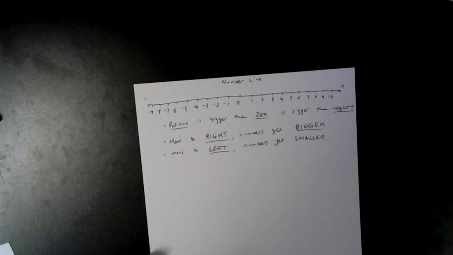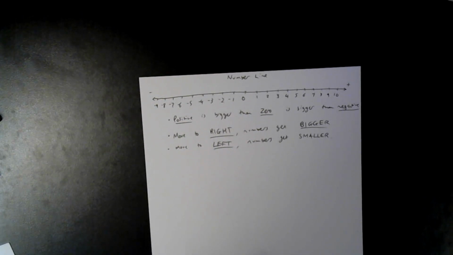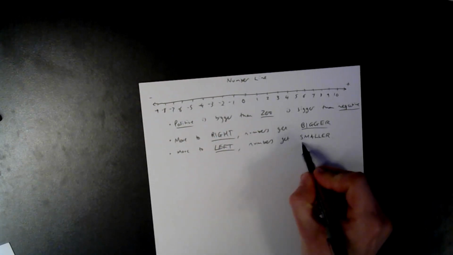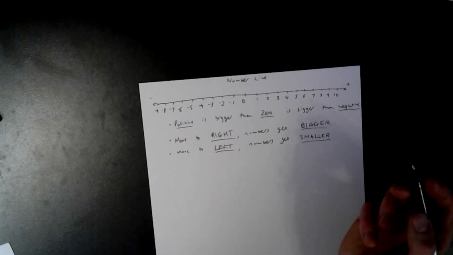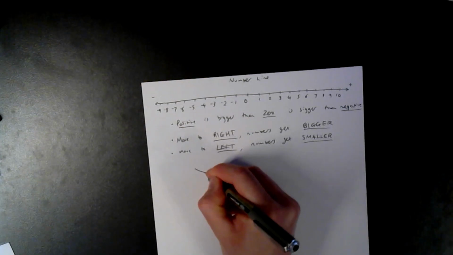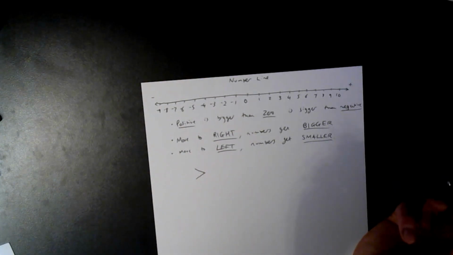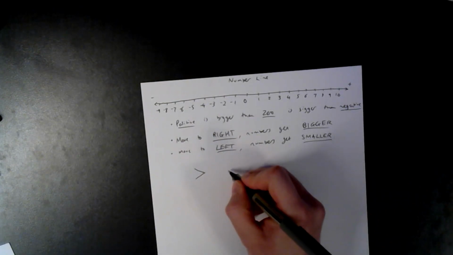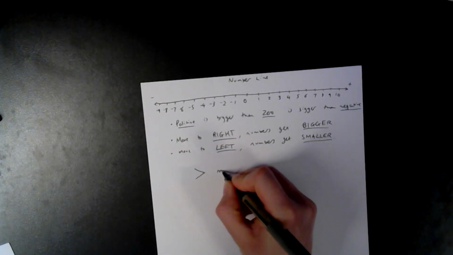These symbols, well, 2 of them look a bit like crocodiles. And you've got to think of them in a way of, if you were a crocodile, what would you want? Okay. So the first symbol looks like that. And this symbol means is greater than.